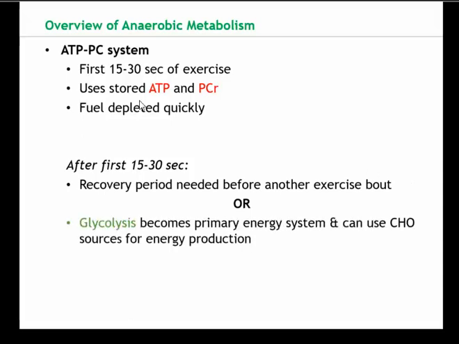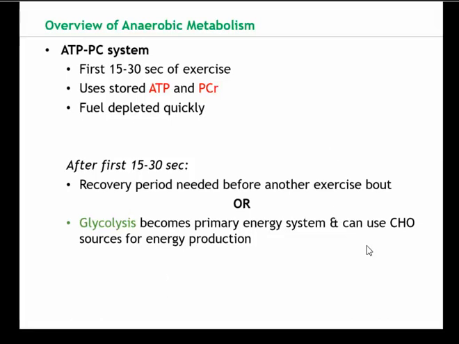Or if I want to continue exercising without stopping, I have to lower my energy rate, and then glycolysis becomes the primary energy system, where now I can use carbohydrate sources for energy. So basically, I either have to rest to resynthesize ATP and creatine phosphate for my next high intensity bout, or glycolysis will kick in with help of aerobic metabolism, depending on the length of the rest and how many bouts I'm performing.